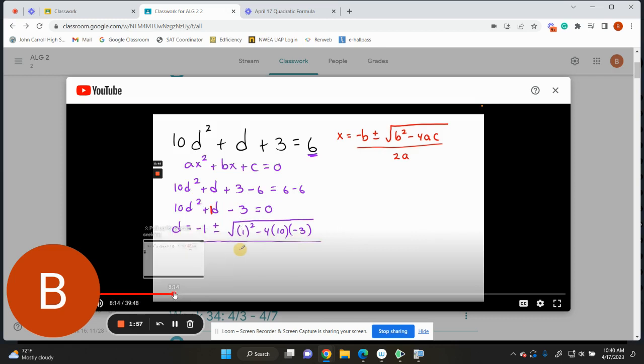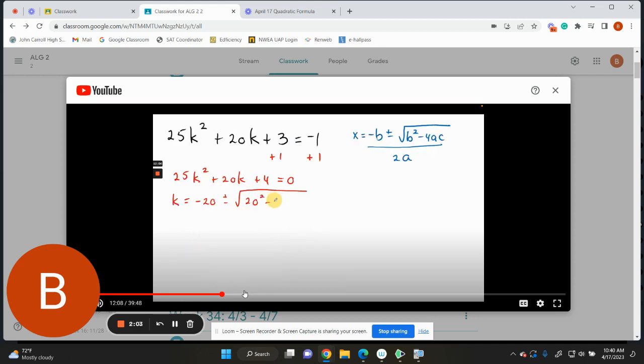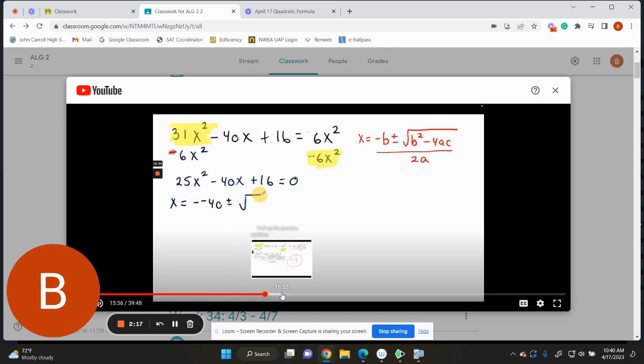So let me see if I can find another problem from the Delta Math. This one we didn't have to move anything. This is another one where we had to move the minus 1 over, so we added 1 to both sides, okay? And then we combine our like terms, right? Then they did start to get more complicated.